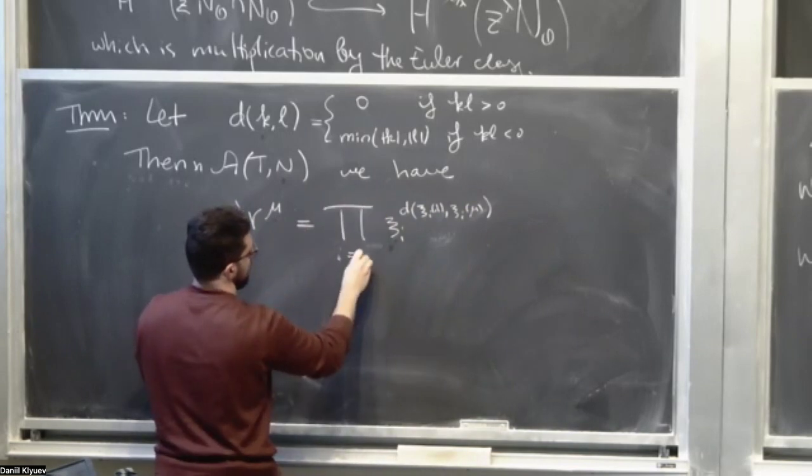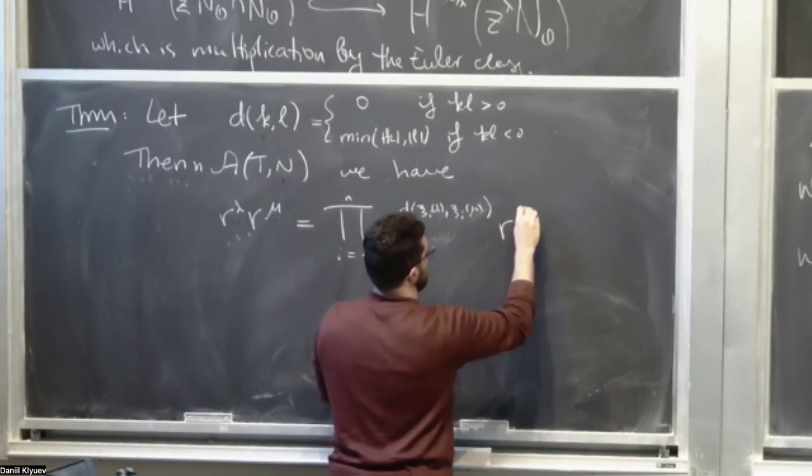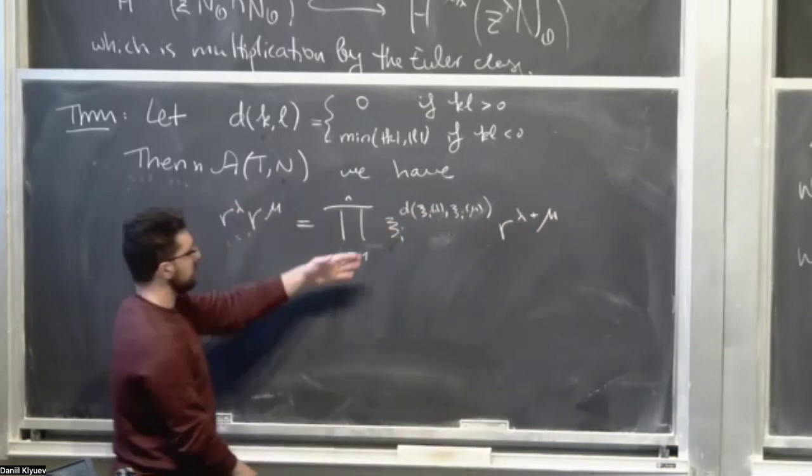Make the product over the i's. There are n of them. And that's the coefficient of r lambda plus mu. That's the formula.